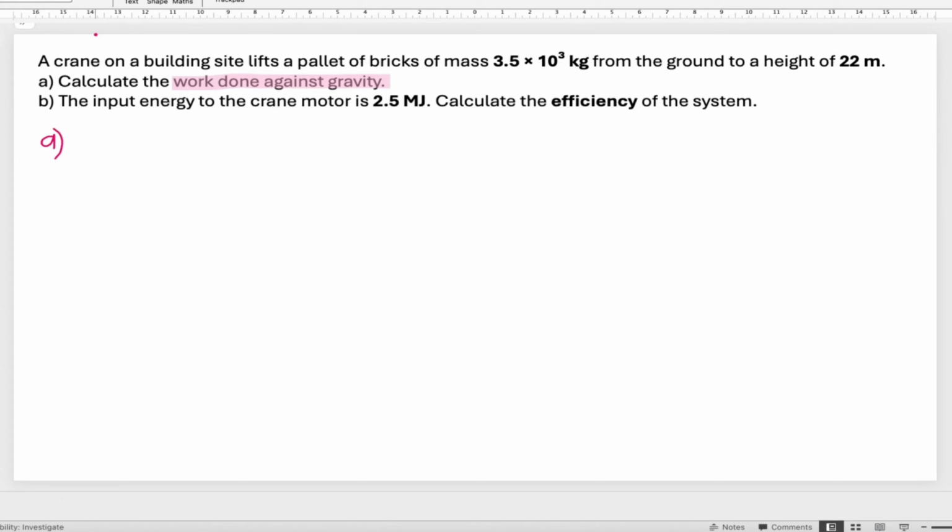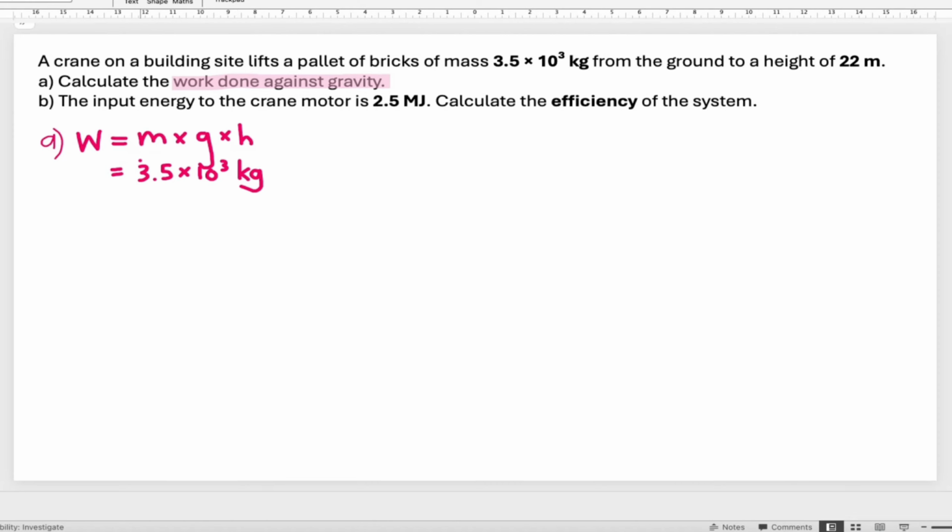Work done against gravity is calculated by multiplying the mass, gravitational acceleration constant, and the height. Now we will substitute the values with their units. What is the mass in this case? It's 3.5 times 10 to the exponent 3 kilograms, right?